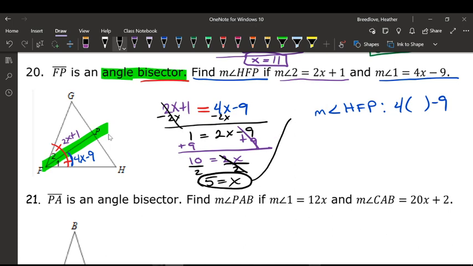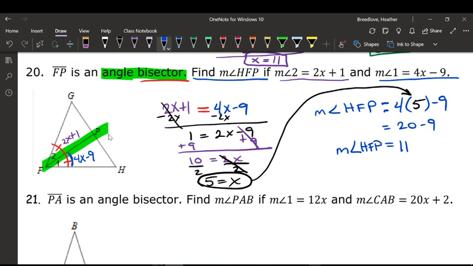And then I take the value of x and plug it in. So the measure of HFP equals 20 minus 9. So it's 11. So the measure of angle HFP is 11.